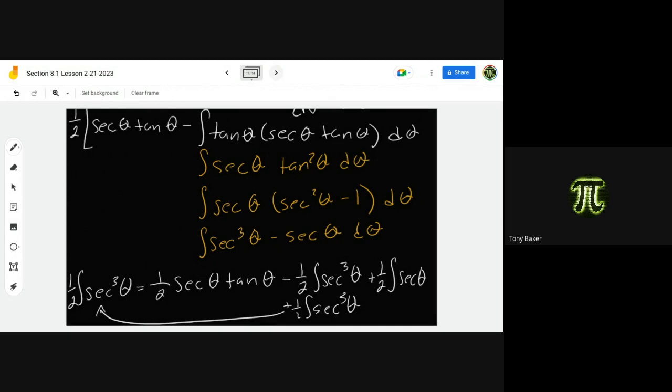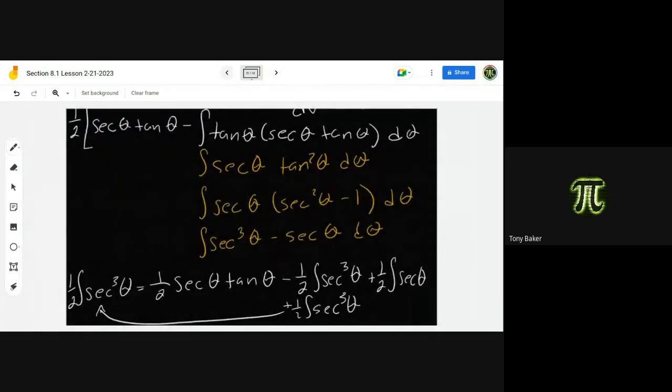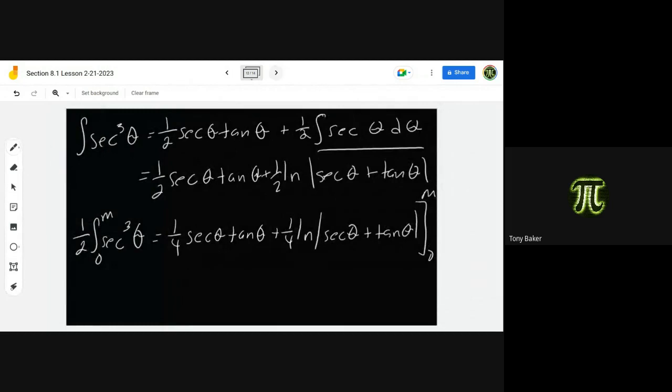When I add the 1/2 over here, this now becomes a full integral of secant to the third theta. Because I had 1/2 here and I'm adding another half, so that now becomes 1. That becomes the integral of secant to the third theta. So that's my integral right there.